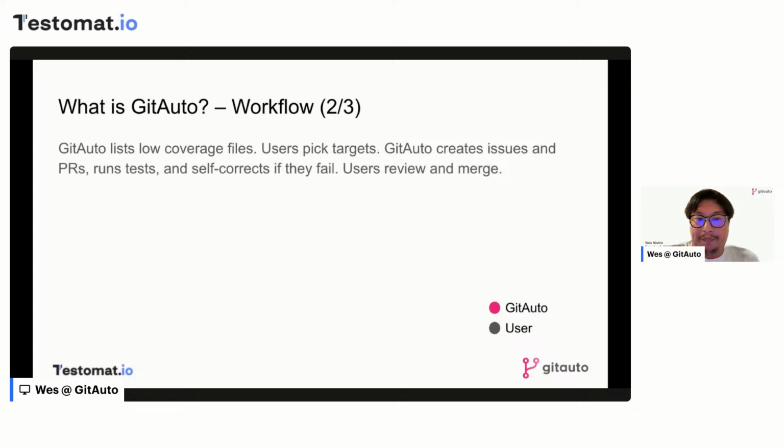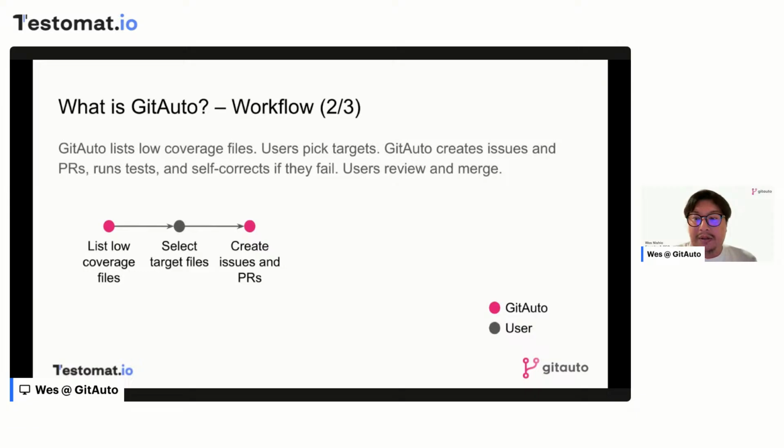It creates a dashboard with every file in your repository that has low test coverage. So you can see which files still have low test coverage and need improvement. And you can select and specify targeted files, and allow GitAuto to create issues for that, and pull requests for that.